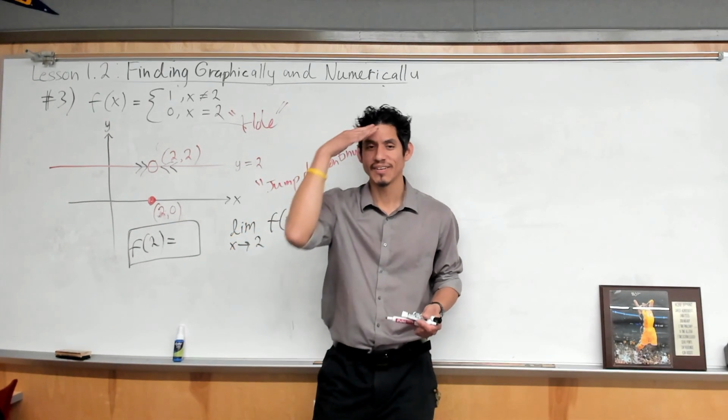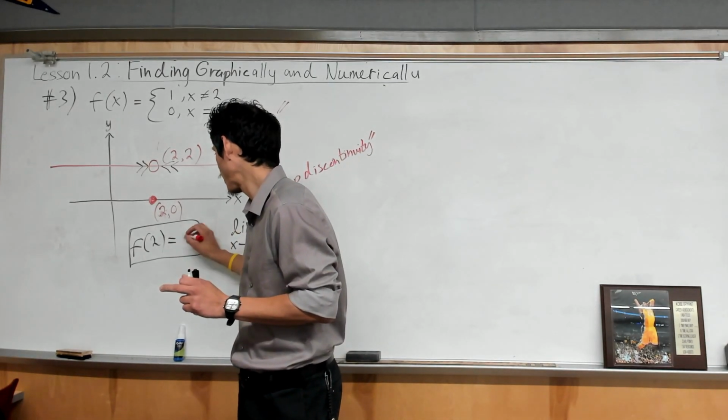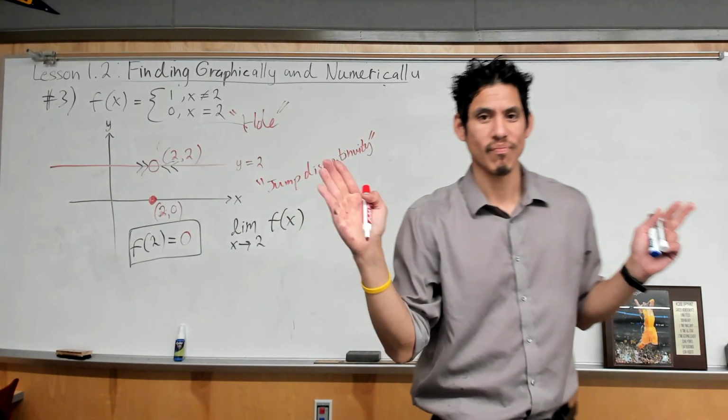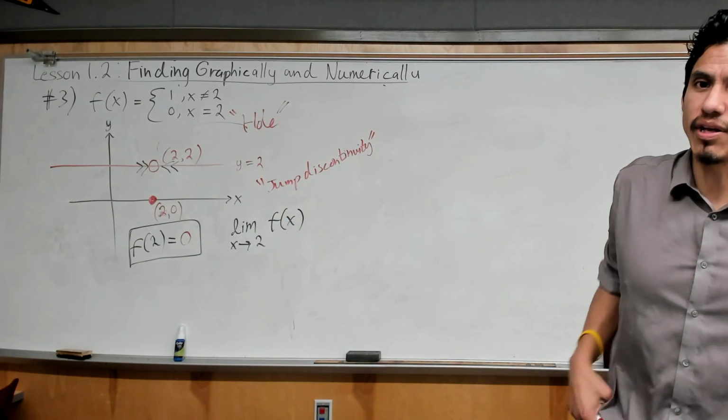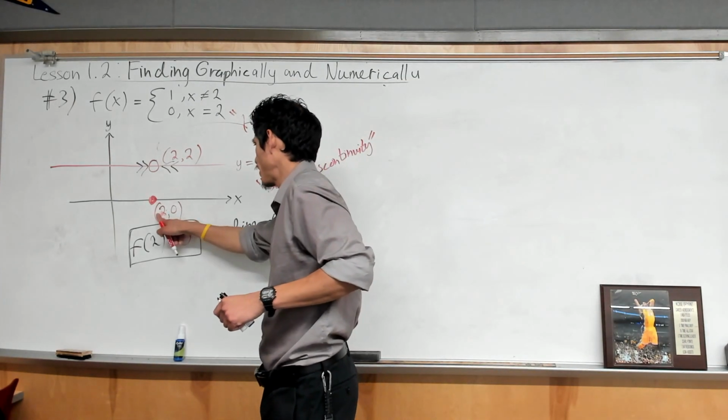Sorry guys, please forgive me, I'm usually better at this. The f of 2 is actually 0, is what I meant to write. I swear I know calculus really well, I'm nervous. I haven't made a YouTube video in a while.